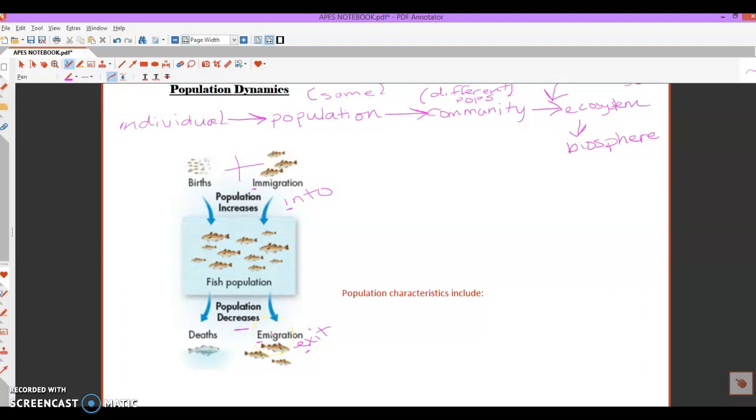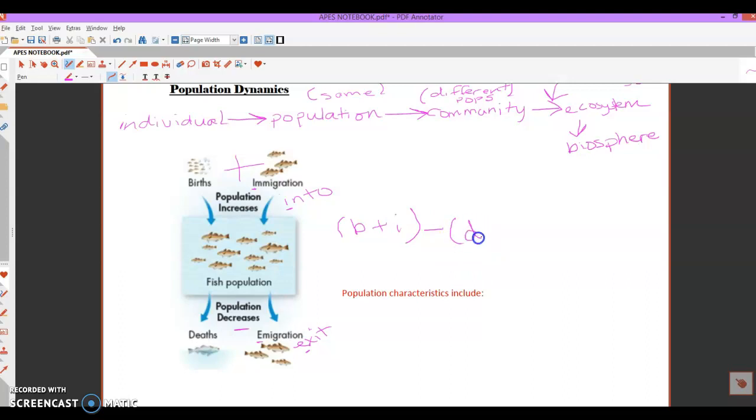So I told you guys this unit had some math in it. So we're going to start learning some of our equations. So the way that we calculate a population size, we talk about what goes into it. So birth plus immigration with an I. Okay, we add those together. And then we subtract what causes a population to decrease.